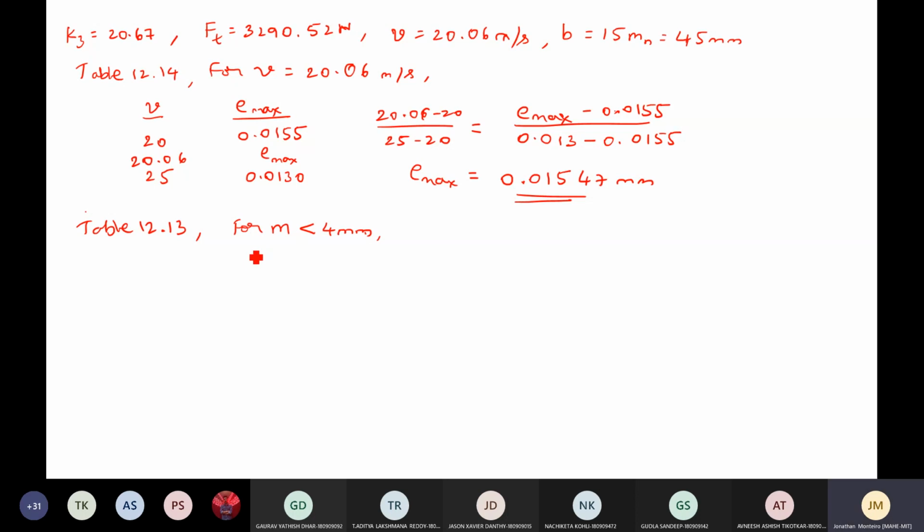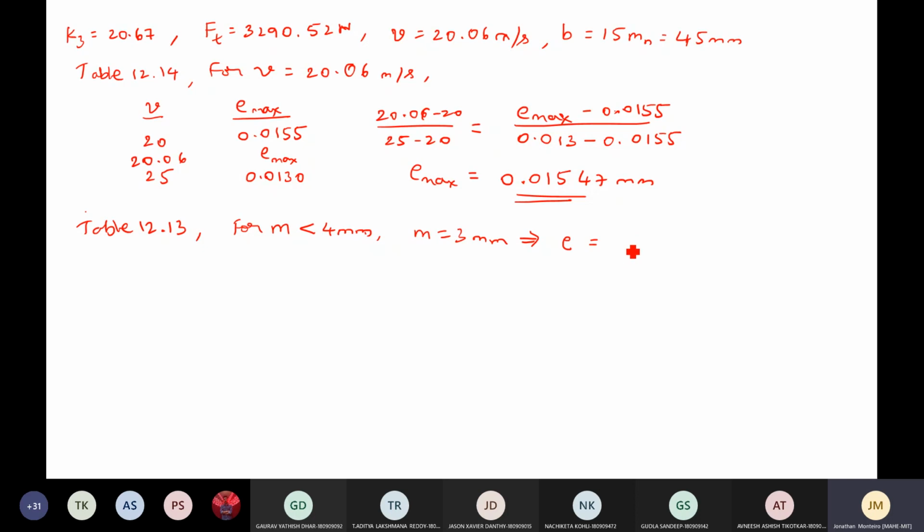So what we can do here is we'll take a different approach. Since module is less than 4 mm and our module is 3 mm, you look at the error table. For module 4 mm itself there are three classes of gears: 0.0508, 0.0254 for class 2 and 0.0127.